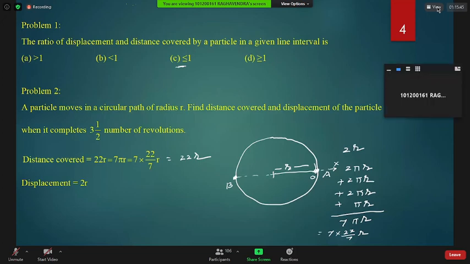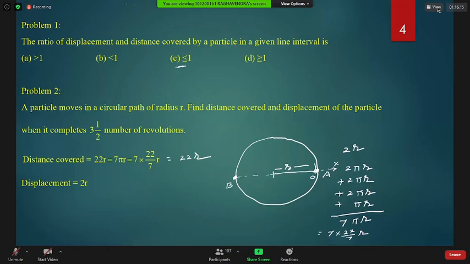So total distance covered is 7 pi r. Sir, I took one revolution is equal to circumference of the circle, which is 2 pi r. Then 7 by 2 revolutions, cross multiply, I got 22 r, sir. Distance. Take them right. So your answer is displacement 2r and distance covered 22r.